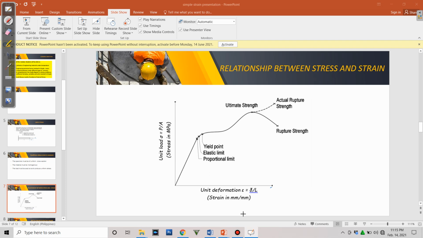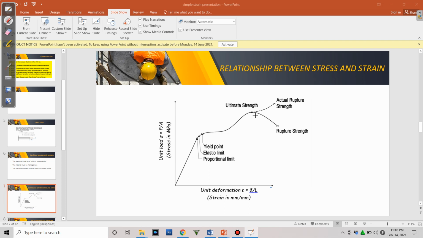Hence, the load gradually decreases while yielding occurs. So there will be an appreciable deformation until it reaches the highest point, or the highest ordinate in the stress-strain curve, wherein this is the ultimate strength.